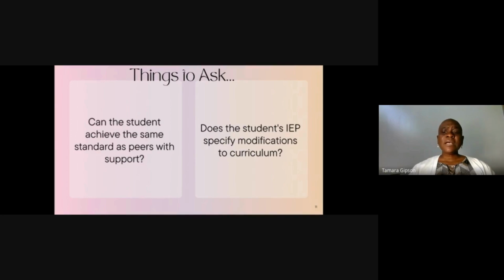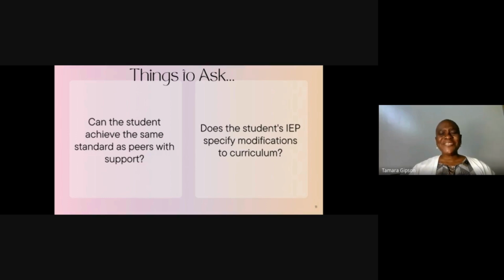So, things to think about, things to ask yourself when you're making these deliberations for your students, whether to accommodate, which accommodations can be done for a variety of students, or to modify, which must be listed in their IEP. It cannot be something that you decide upon your own. It has to be in their individualized education plan.